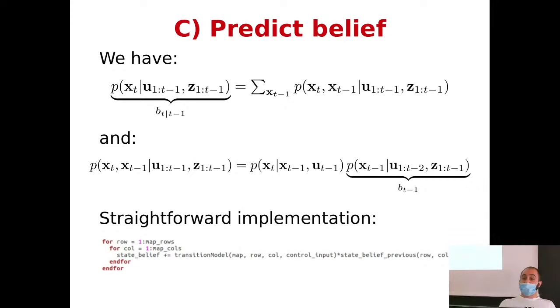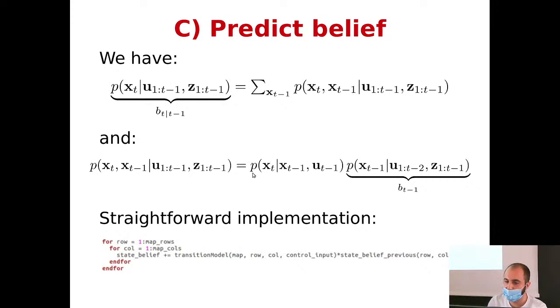So that's the prediction. Let's revise the formula again. Starting from here, we have this three-dimensional tensor, ignoring the measurement here. And then we are marginalizing over the previous state, which means we are summing up all the entries in this cube about our previous state. This can be written as this.